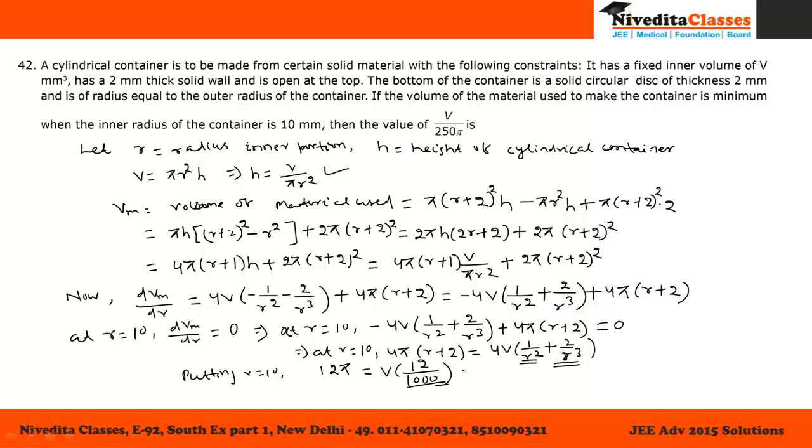This gives V is equal to 1000 pi. And the question is, what is the value of V upon 250 pi? So V upon 250 pi will be equal to 4. Hence, the result is 4.